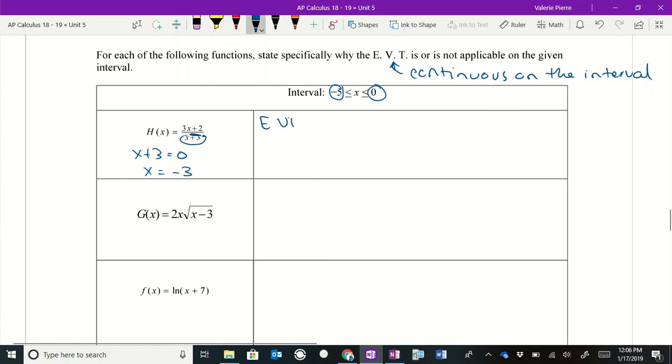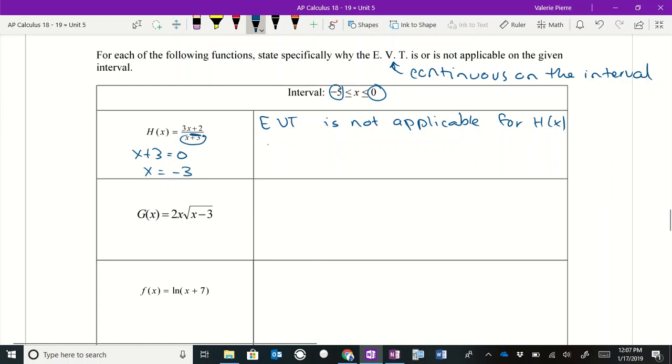So EVT is not applicable for h of x on this interval. It could be applicable on any other interval.